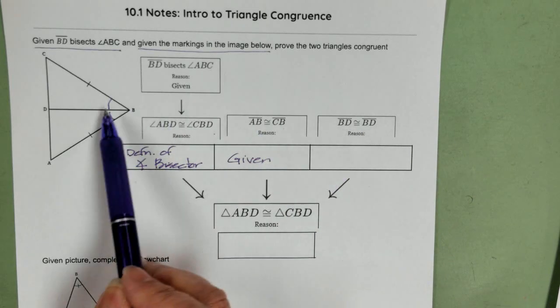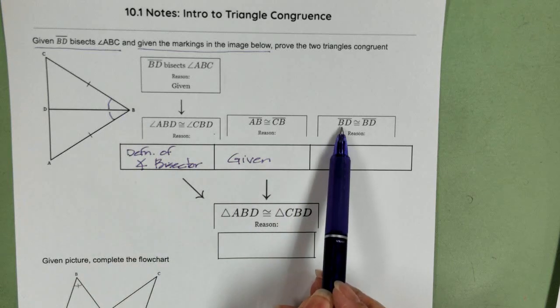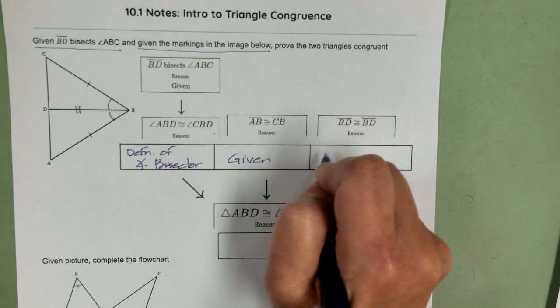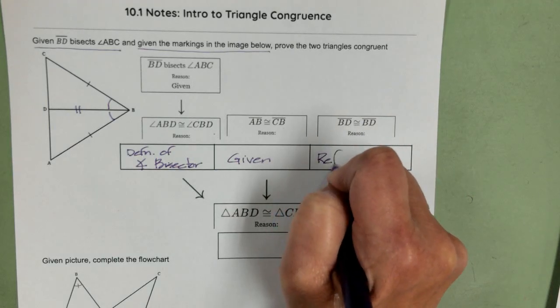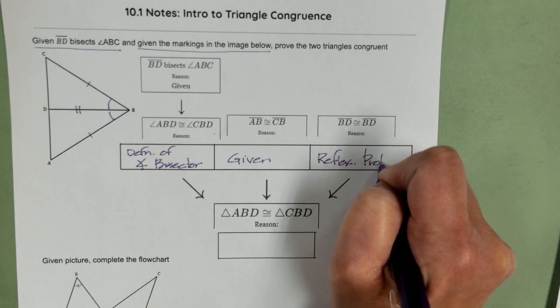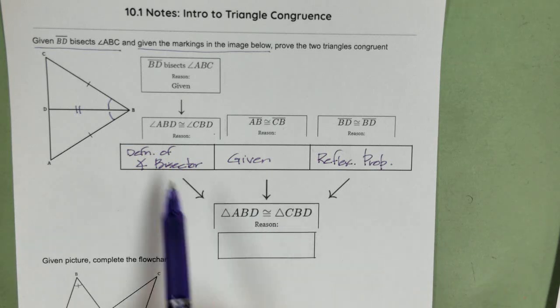And now we have BD is congruent to BD. Notice we are setting it congruent to itself. I'm going to go ahead and mark that congruent. And this is your reflexive property. Okay, so now I need to pick the reason why these two triangles are congruent. And I'm going to look at my diagram.